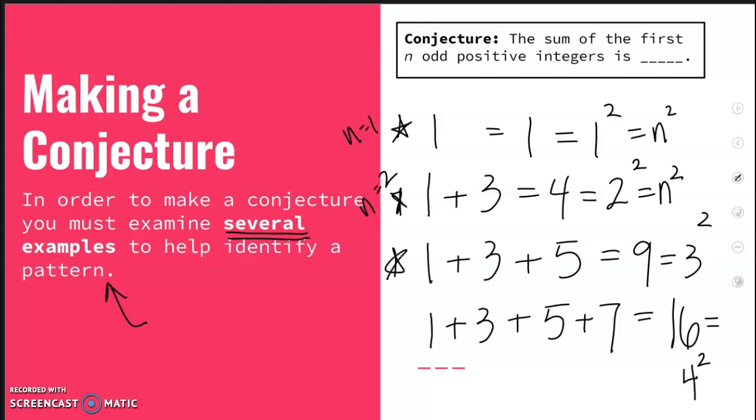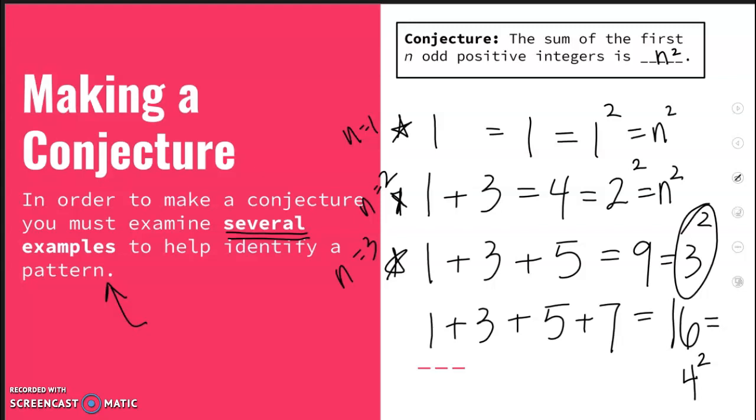In this example, n was equal to 3. Now notice we still have n squared. Based on the pattern that we just identified, I feel comfortable filling in n squared to our statement.